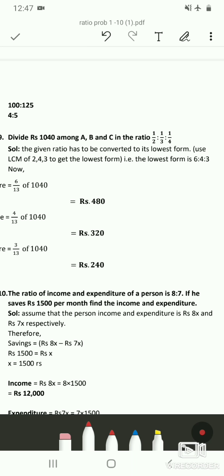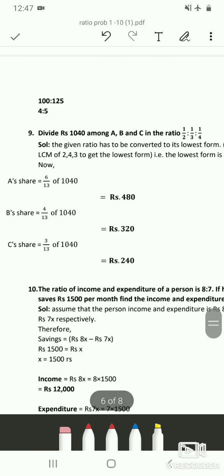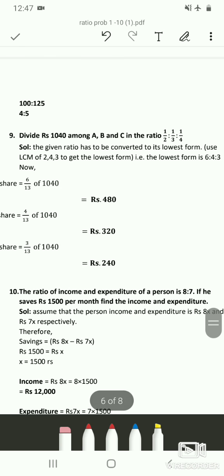Once you get the lowest form of the ratio, this is of the type of the seventh problem. The ratio is in the form of a is to b is to c, and here P is rupees 1040, and you have to divide among A, B and C. Using those formulas, A's share would be, here small a is 6, and the denominator is a plus b plus c, that is 6 plus 4 is 10, 10 plus 3 is 13.